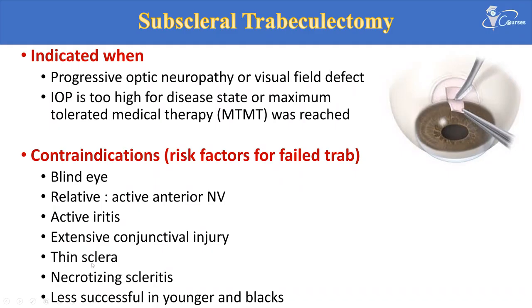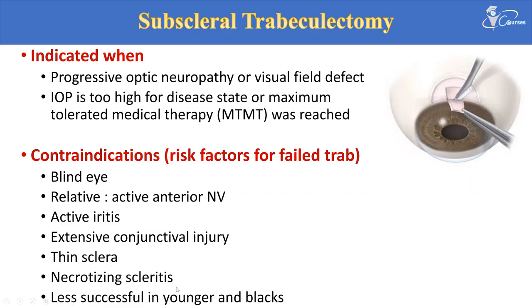Patients with thin sclera, making the surgery very, very difficult. Thin sclera is more liable to perforate with uveal prolapse, and you are making a partial thickness scleral incision, so for those patients with a thin sclera, it will be very difficult.